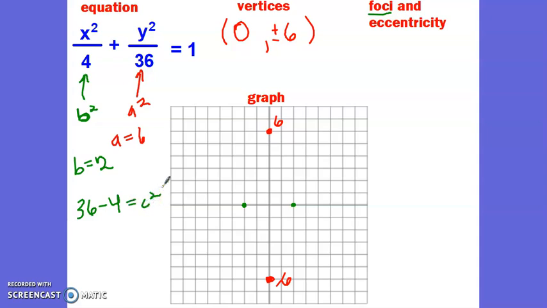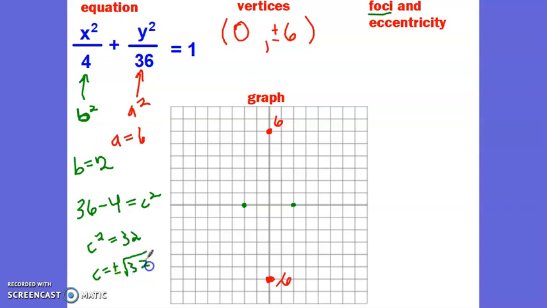So c squared will equal 32. And the square root of 32, or plus or minus that number, is approximately 5.657.